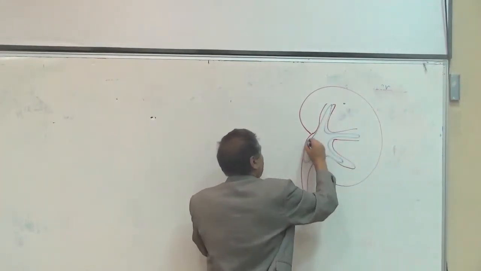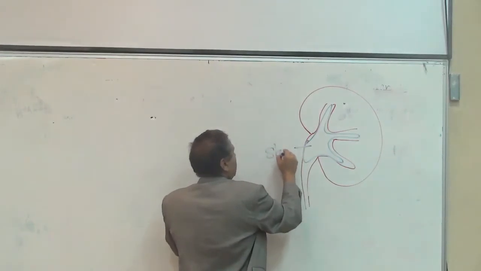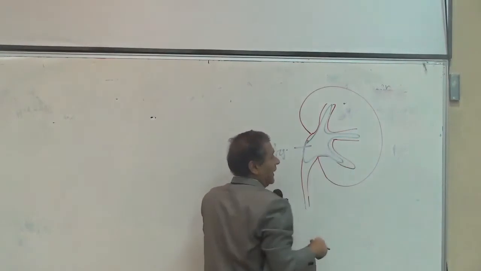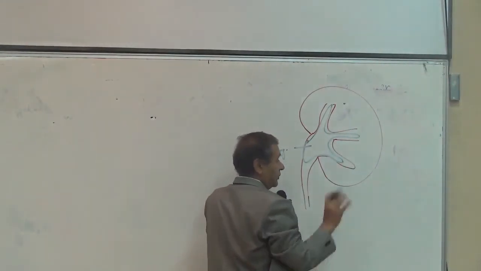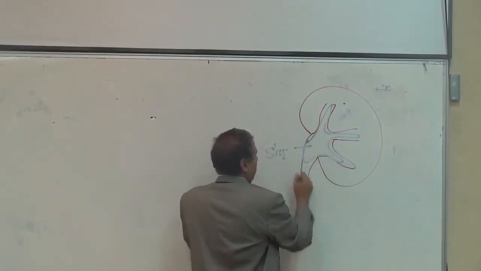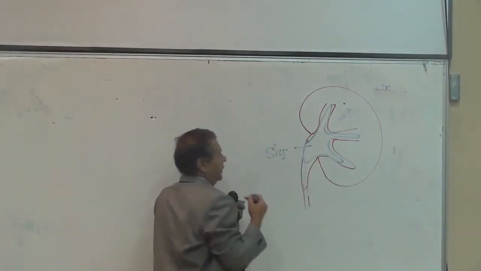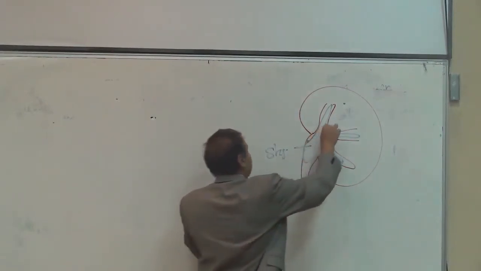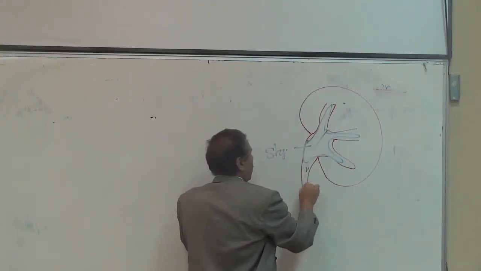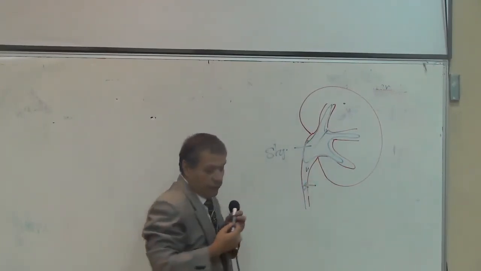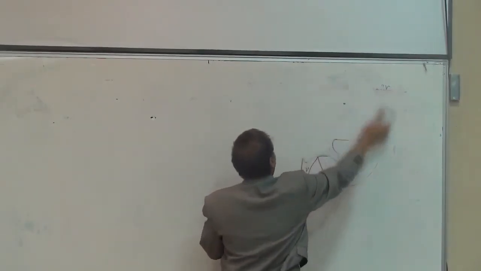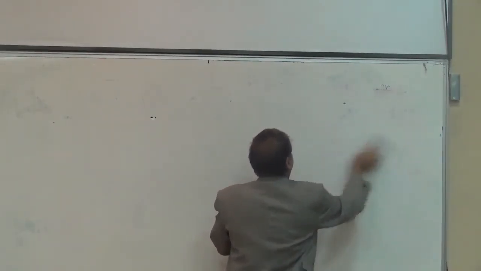And this stag horn stone does not produce renal colic, but it can produce renal pain, which is a dull aching pain, because this stone will never pass into the ureter. But small kidney stones can travel to the ureter and produce severe pain when they enter the ureter. A stag horn stone is silent or produces dull aching pain.